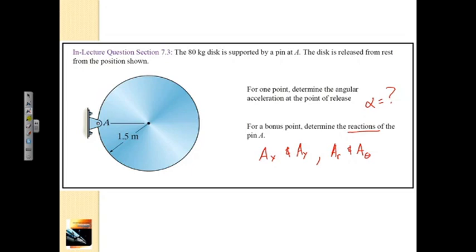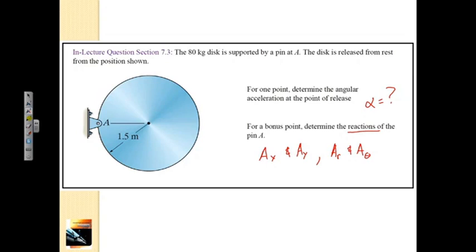All right, so we want to figure out alpha, and we want to figure out our reaction forces. Whenever you have to figure out an acceleration or angular acceleration, that triggers us towards Newton-Euler. It's the only trick we've got right now. Next week we'll learn energy and momentum. So this one is somewhat obvious at this point.